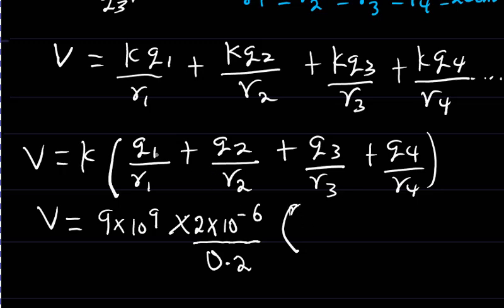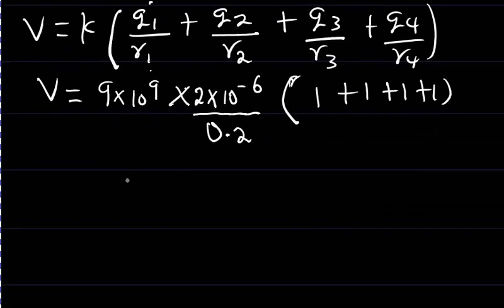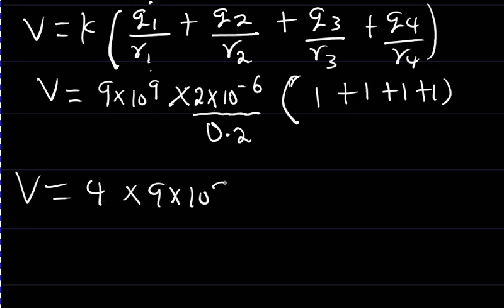Since both Q and r are the same for all of them, I have taken them out, and I'm left with 1 plus 1 plus 1 plus 1. So at the end of the day, all I'm doing is multiplying 4 times 9 times 10 raised to the power 9 times 2 times 10 raised to the power minus 6 all over 0.2.